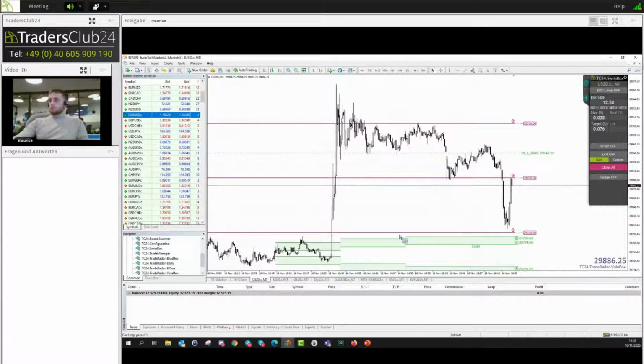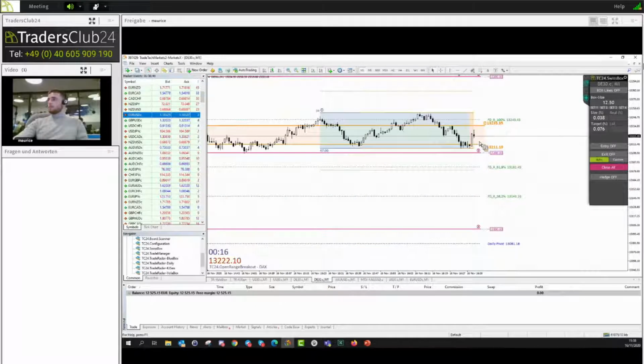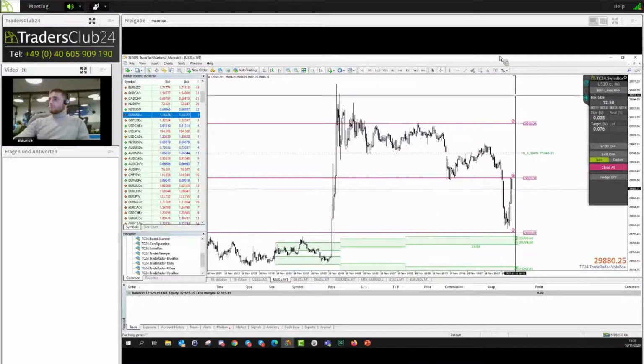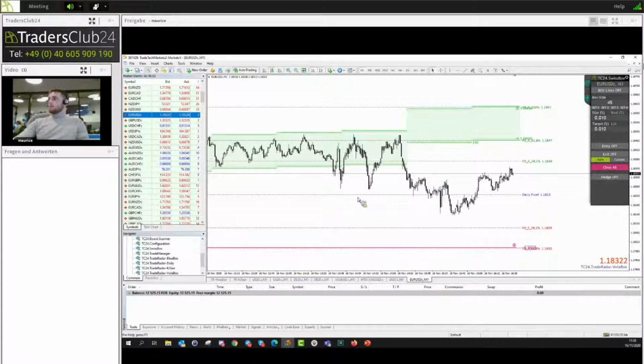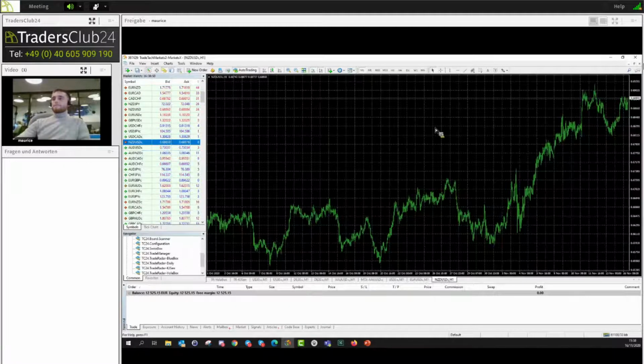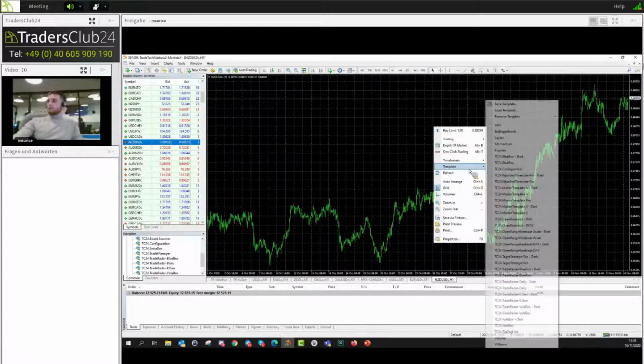So if we come over to the US down here, nothing over there or there. Got our DAX, still not so much movement going on in the DAX. Go through maybe the USD, no. New Zealand dollar, USD.